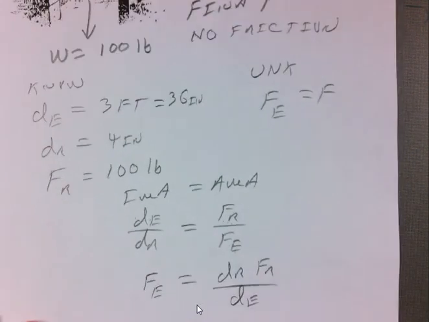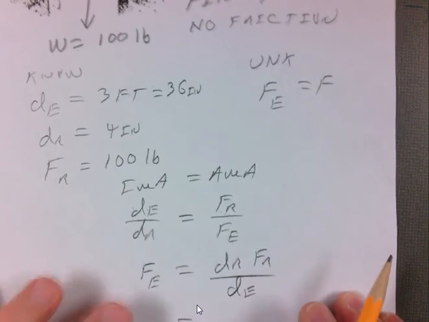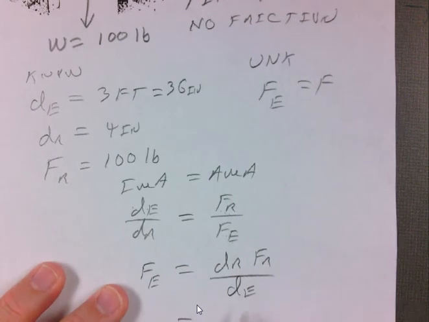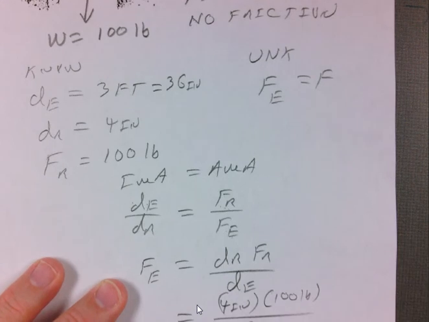Okay. And what do we come up with here? DR, what did we say was 4 inches? What was FR? 100 pounds. And our DE was 36 inches. Okay.